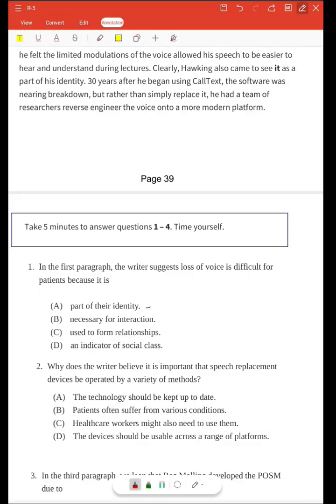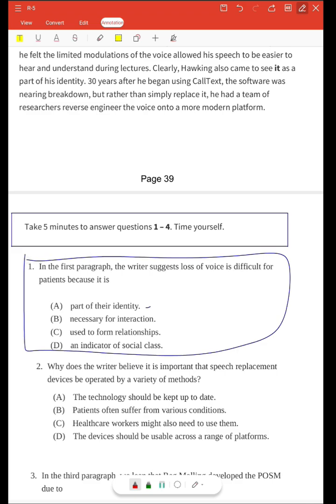The tip for how to approach Part C is that you need to read the question first. This will tell you exactly what you are looking for. The question says: in this paragraph, the writer suggests loss of voice is difficult for the patient because it is.